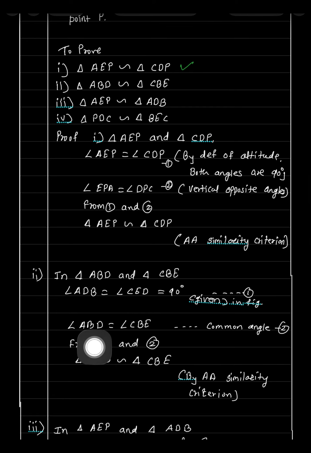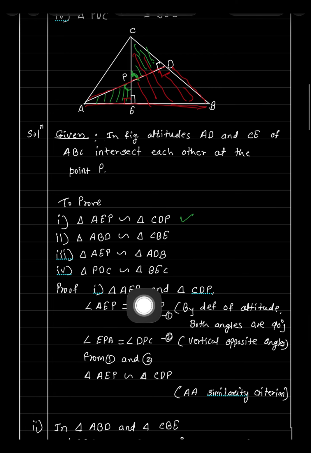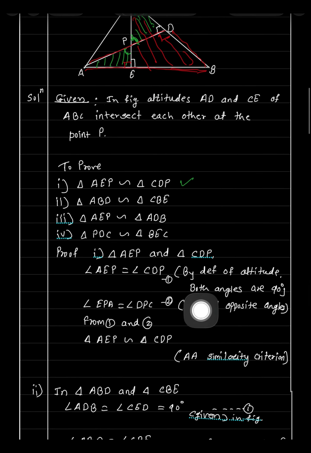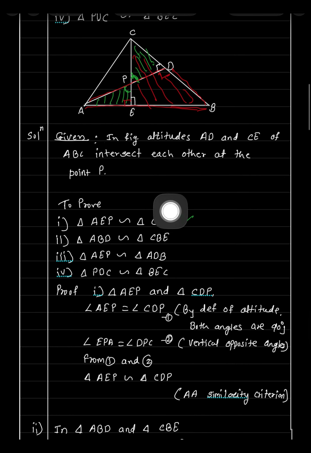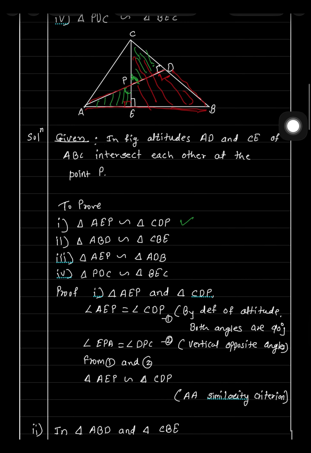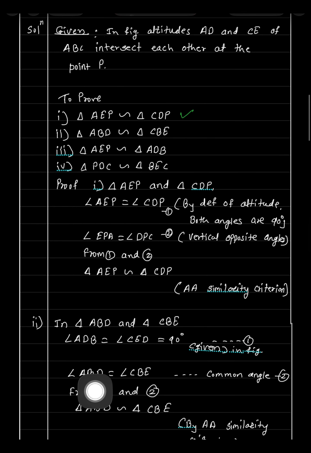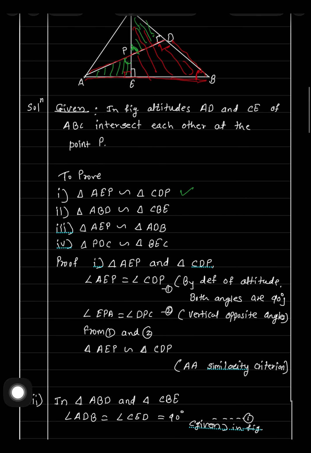Now next we have to see angle ABD and CBE. ABD is a common angle, and a common angle is always equal.